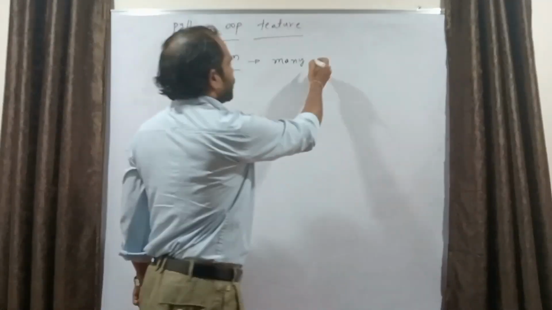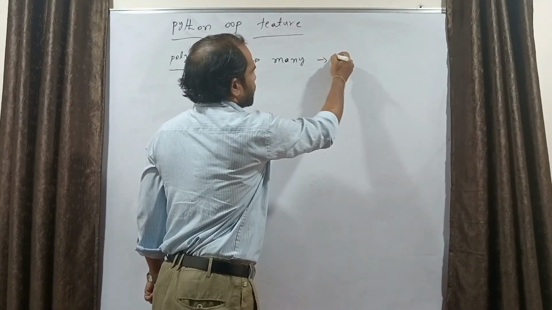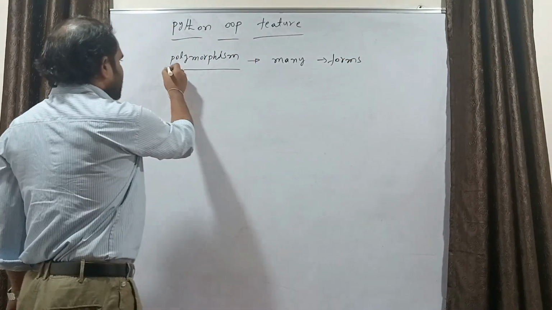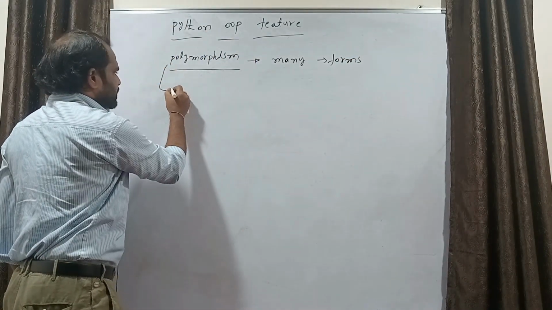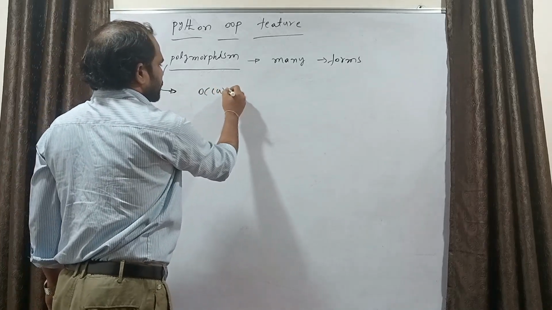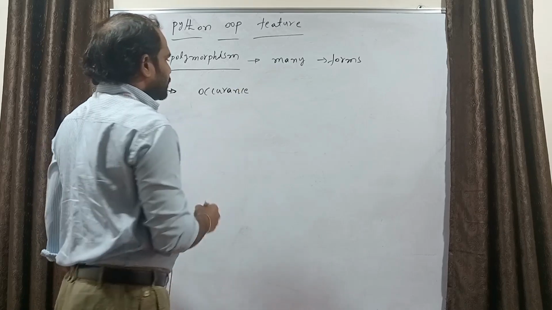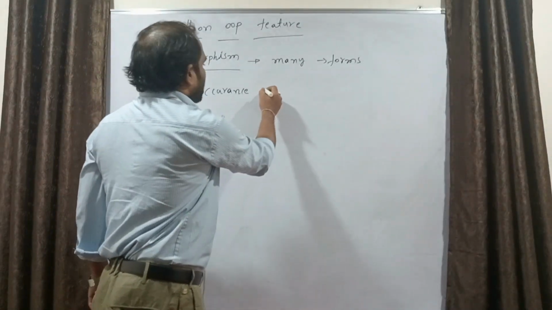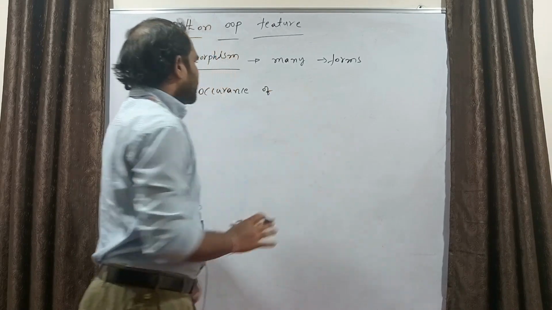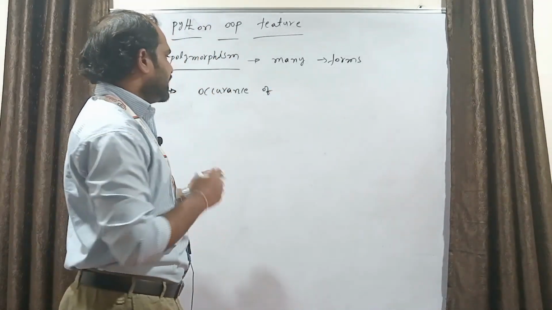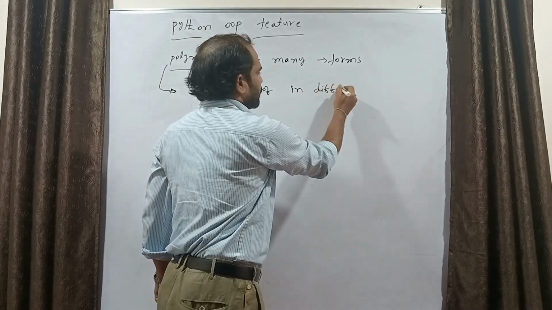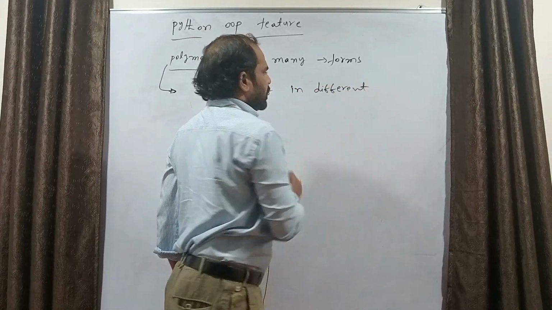and morph means forms. Generally, we can consider this as the occurrence of anything, or we can consider a function or anything, in different forms, or in many forms.